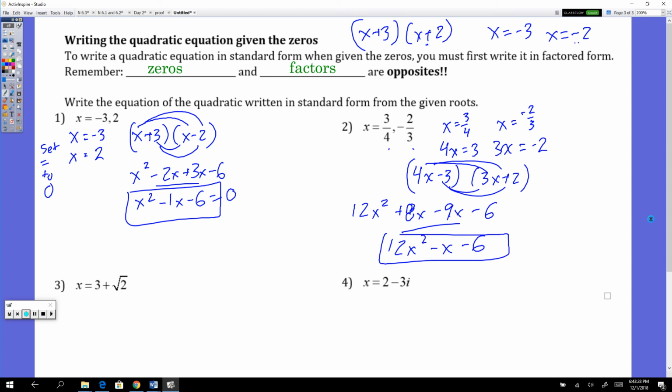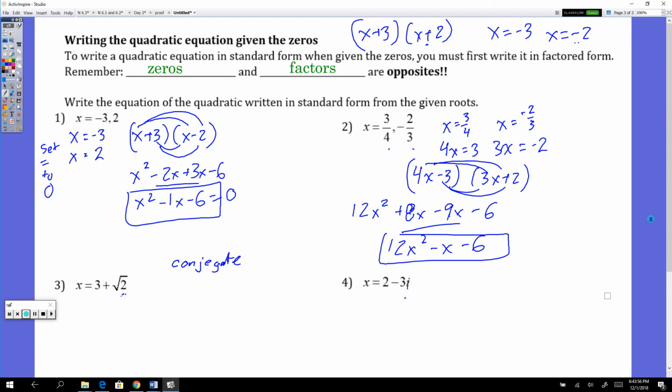Alright, 2 more to go. So on these ones, if you notice, I don't have 2 solutions. That's because it's sort of a hidden solution. So anytime you have a radical or an imaginary number, there are sort of 2 hidden solutions. And I want to remind you of the conjugate.